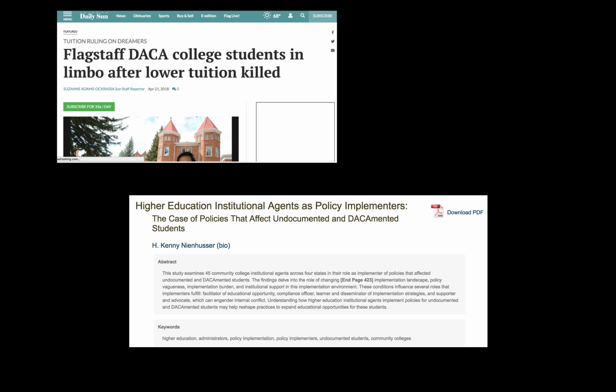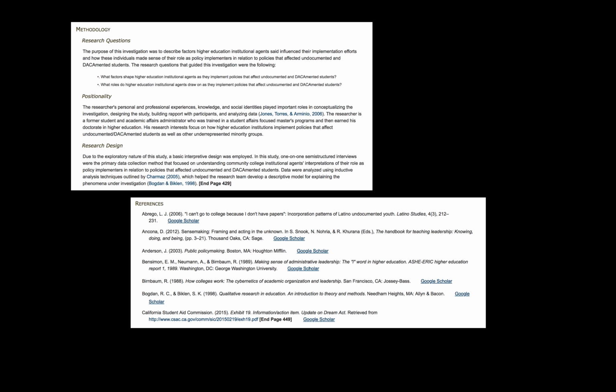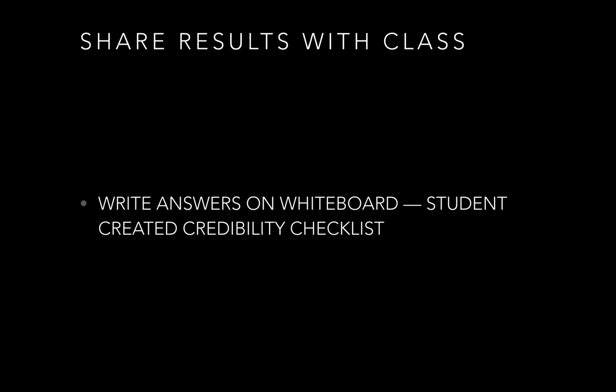And then this other one is a scholarly article on a similar topic, and the researcher has gone through and looked at how specific policies have affected different immigrant groups in American universities. So you can see that he has a methodology section and you can see the reference section. So hopefully these are the kinds of things that students will be looking at in our little experiment.